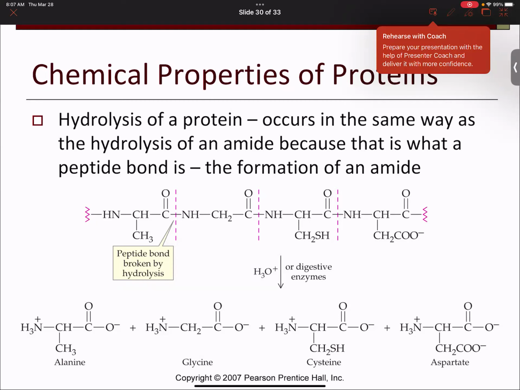Trypsin hydrolyzes the peptide bonds on the carboxyl side of lysine and arginine. So it looks specifically for those amino acids, and it will break the peptide bond on the carboxyl side of those amino acids.